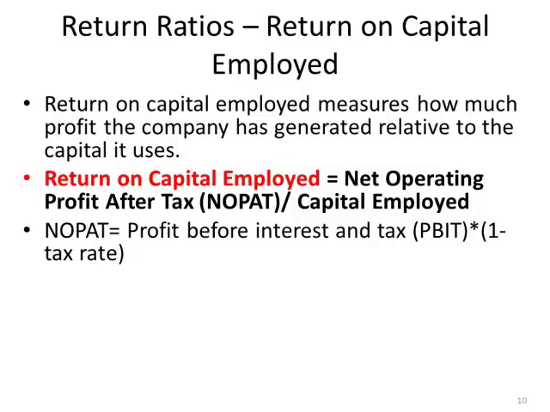The way we calculate it is that we take profit before interest and tax, and then we multiply it by 1 minus the tax rate. So the key thing here is that we do not include our interest expense. So we're looking at profit before interest and tax, and then correcting for tax. So essentially, we take profits excluding interest. We just want the operating profit, and then we look at what would be that after taking into account taxes.